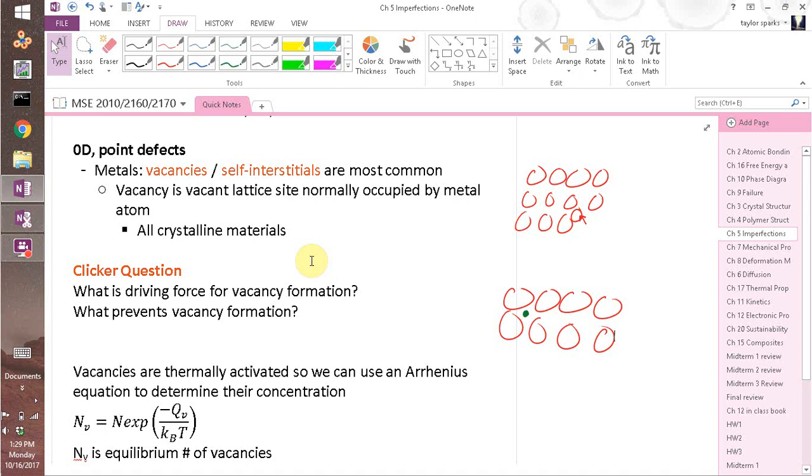Okay, what do people think? What is our thermodynamic reason that vacancies want to form? Anybody have a thought? What do you think, Elise?